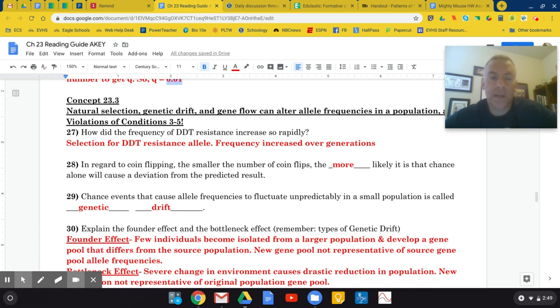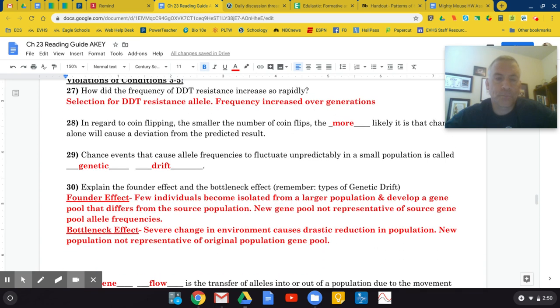Because there's only 10 flips, a small sample size, we've deviated from the predicted result pretty largely. But if we flip that same coin 1,000 times and we're expecting 500 heads and 500 tails, we're going to get much closer to that expected result. It would be rare to see 400 heads and 600 tails, which is off by a bunch. We're not going to see that much deviation as we get to larger and larger sample sizes.